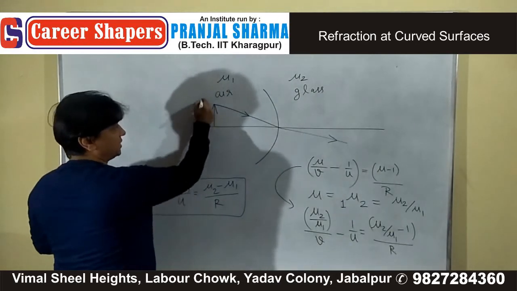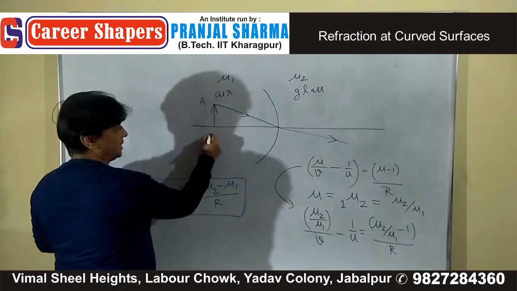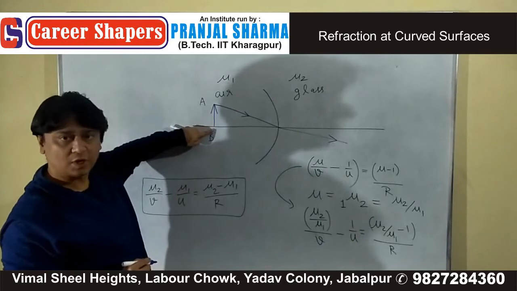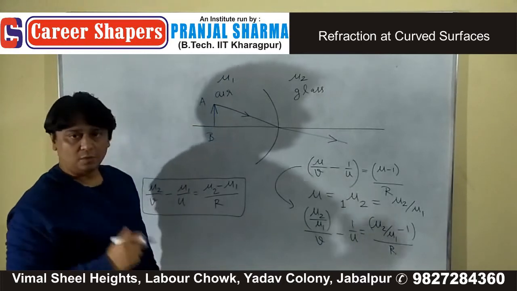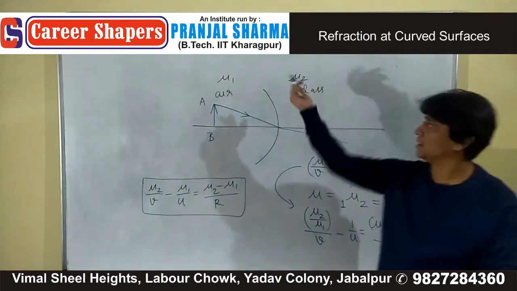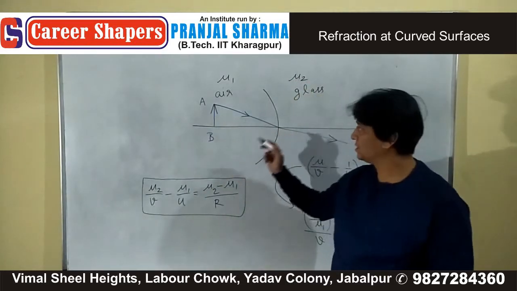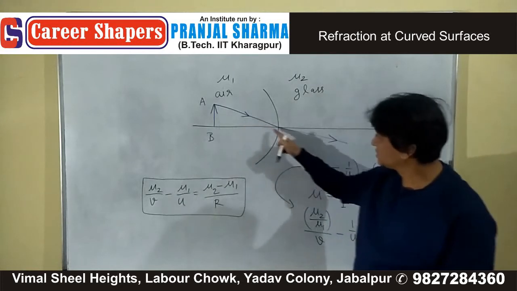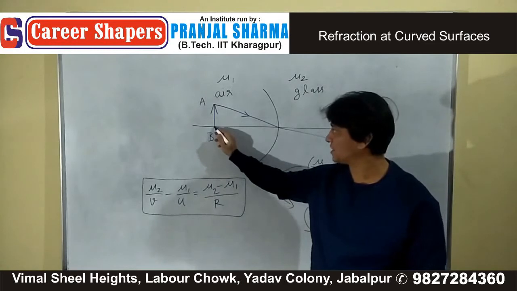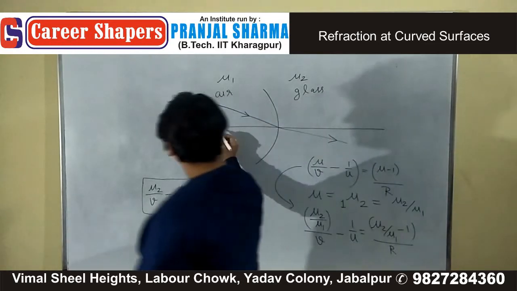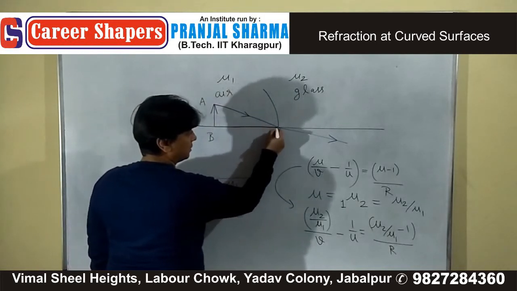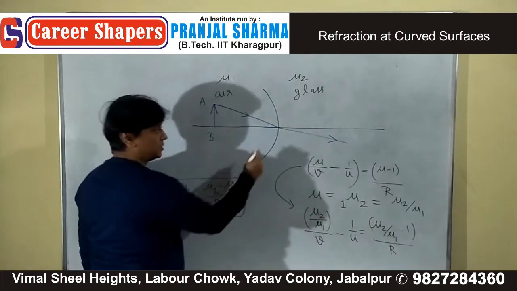Let's say this object is represented by AB. Top is A, bottom is B. Now, people commonly make a kind of mistake. This is the refracted ray, and then they take a ray coming from B as it is moving along the normal.